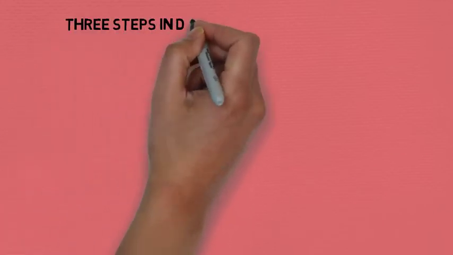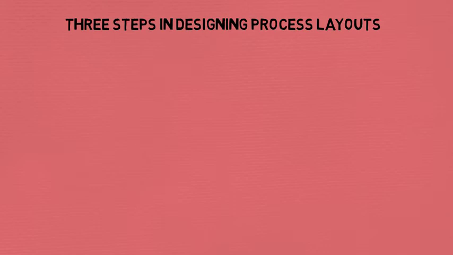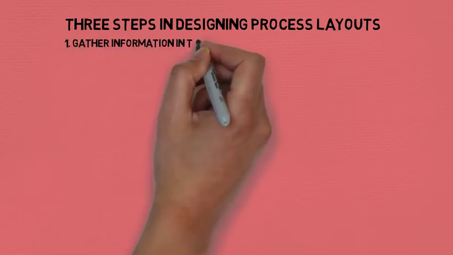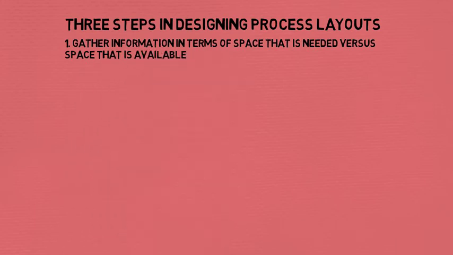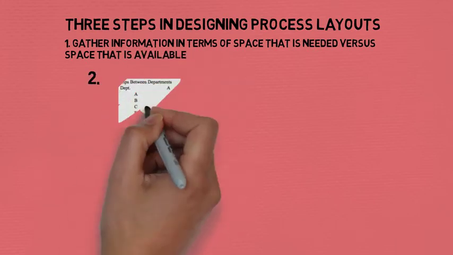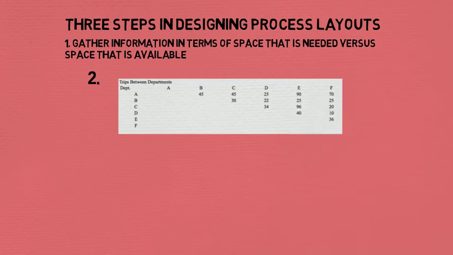There are 3 steps required in designing process layouts. First, we need to gather information in terms of the space that is needed versus the space that is available. Second, based on this information, managers need to develop block plans. You do this by developing a from-to matrix regarding trips between departments.